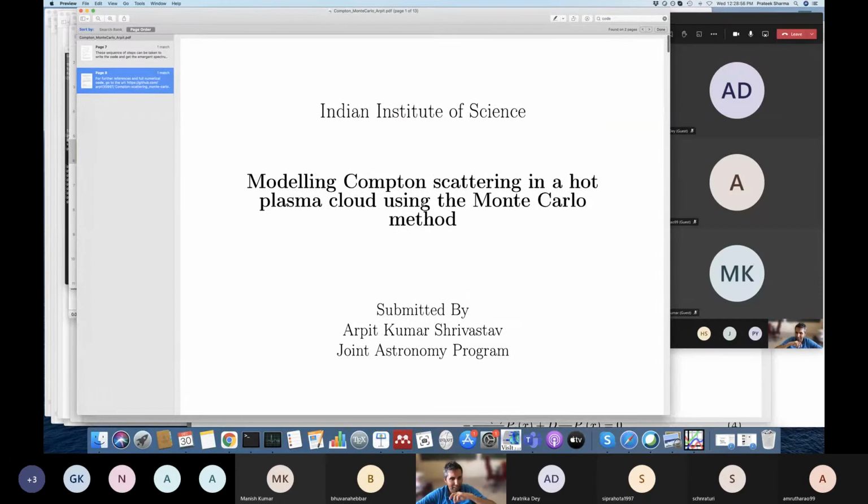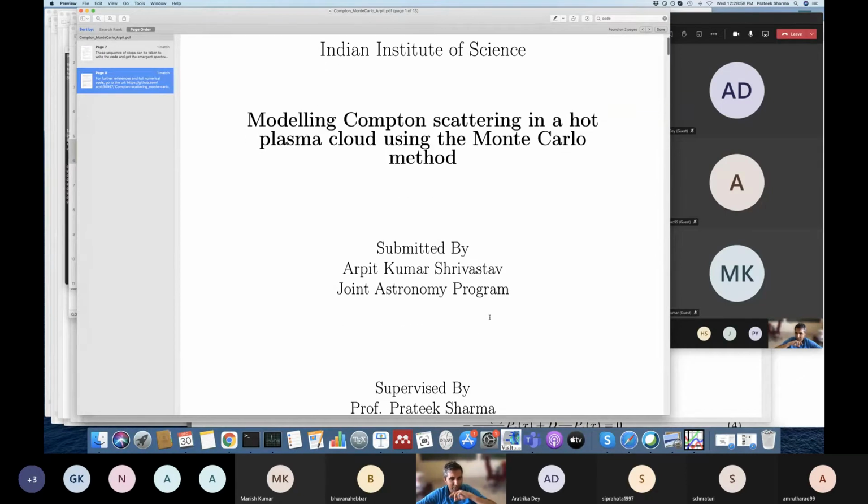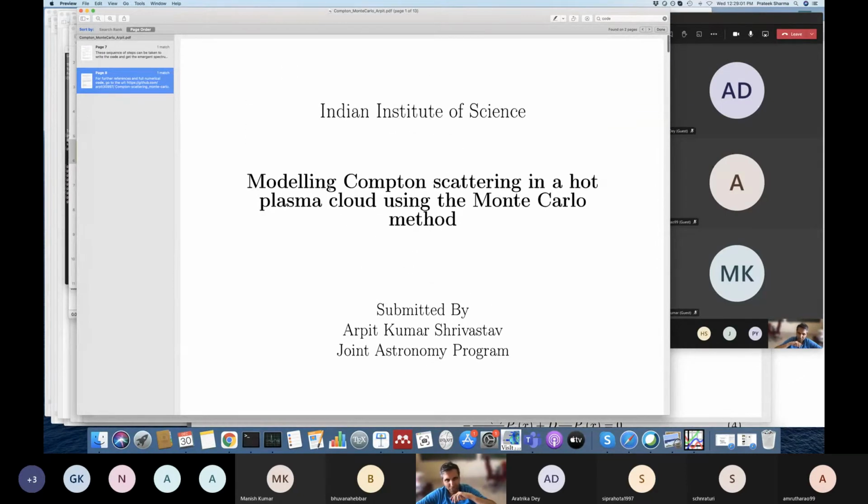One is this: there was a JAP student last year who did a project with me, and he tried to do Compton scattering with a Monte Carlo code. Basically what you do is you simulate the process of Compton scattering, and you go from the lab frame to the electron rest frame, apply the Klein-Nishina correction. Once we are in that frame, we know the exact formula for scattering. So you just apply this whole program of calculating inverse Compton scattering.